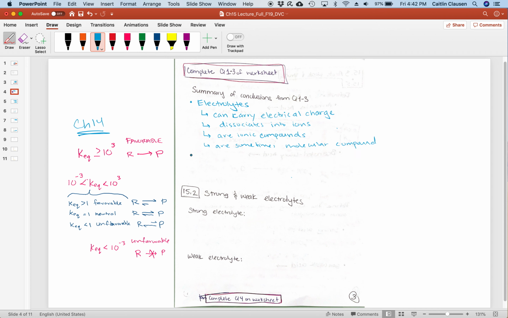From the worksheet, the new information about non-electrolytes that we learned was that non-electrolytes cannot carry electrical charge, so they will not light a light bulb.